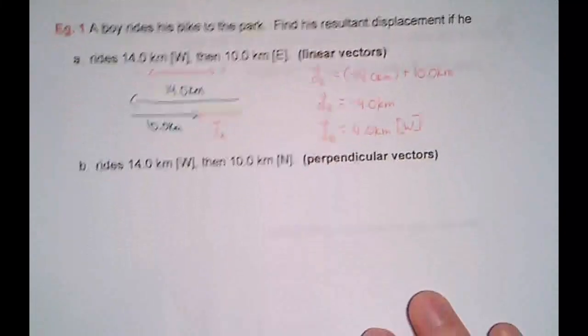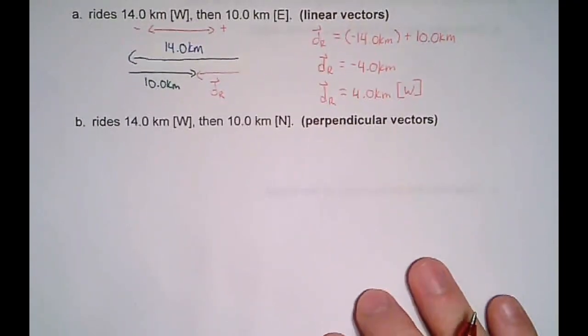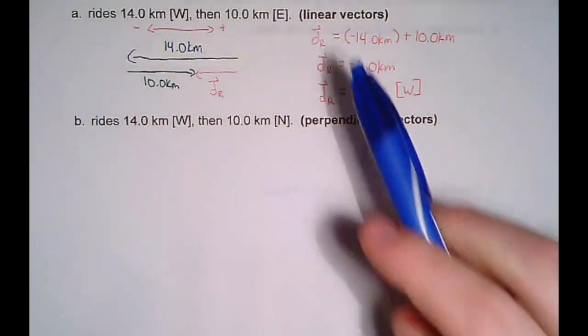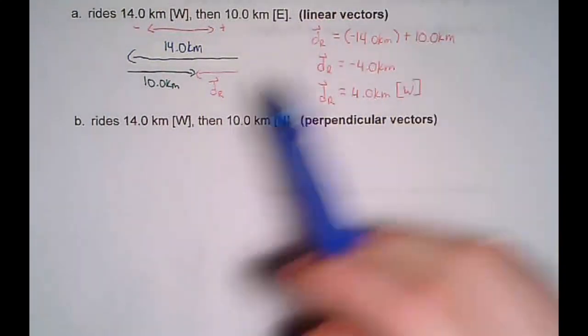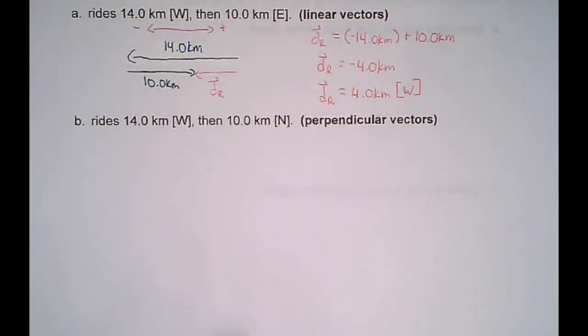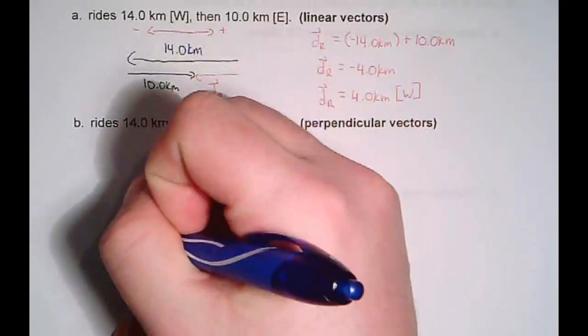That's pretty easy. This next one is also not incredibly difficult, but this relates more to what you did in your lab this week or last week. So if we find his displacement if he rides 14 kilometers west and then heads 10 kilometers north. We start the same way.